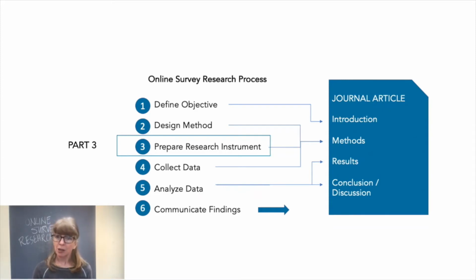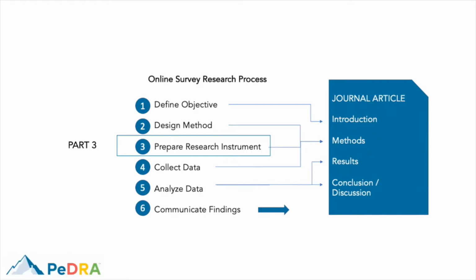And we will touch on questionnaire design and data types and how that relates to your analysis and statistics. And finally, we will include tips on collecting the data or fielding, analyzing it, and writing it up for publication.